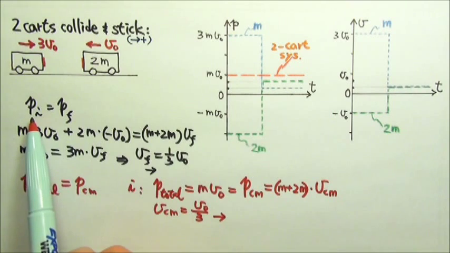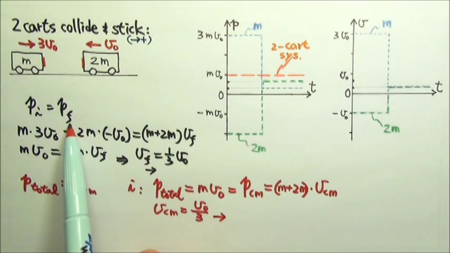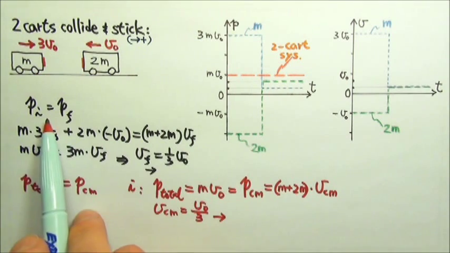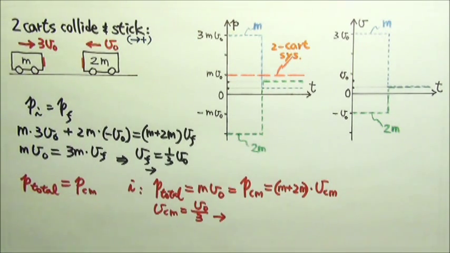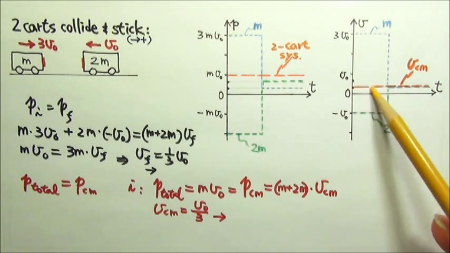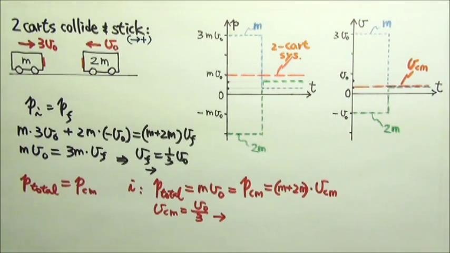And because the total momentum in the system is conserved, after the collision the momentum is still the same amount, which means the velocity of the center of mass is still the same. This works for before, during, and after the collision. So the velocity of the center of mass graph is like this, the same velocity the entire time.